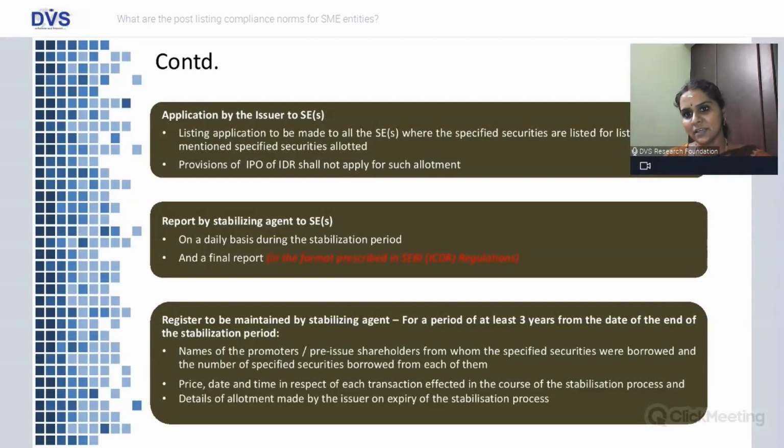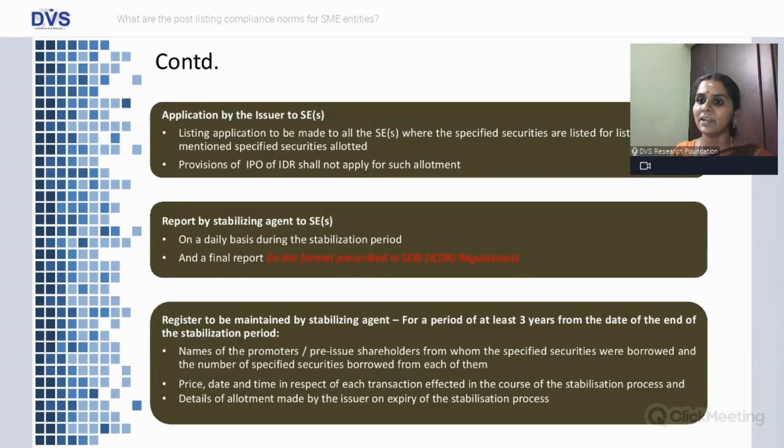Report by the stabilizing agent. The specified form for this particular purpose, where the final report shall be laid by this stabilizing agent, is Schedule 15. A register shall also be maintained by this SA with details of all the stakeholders concerned, be it the promoters or the pre-issue shareholders from whom he has borrowed those specified securities, and against each promoter and each pre-issue shareholder, how many securities were borrowed.